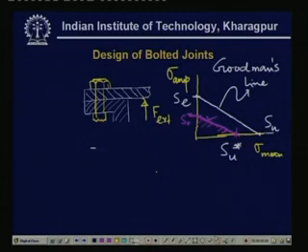The Gerber line again is a line, it is a parabola.